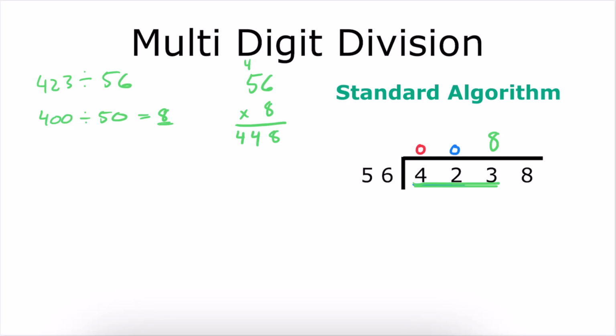And then I can say, okay, well, 8 doesn't work, but I could do 7 in each group. And if I do 7 in each group, 56 times 7, that would be 42 ones. So 40 of the ones can be converted into tens. So I'll put a 4 in the tens column. 7 copies of 5 tens would be 35 tens, plus the 4 tens would be 39 tens.